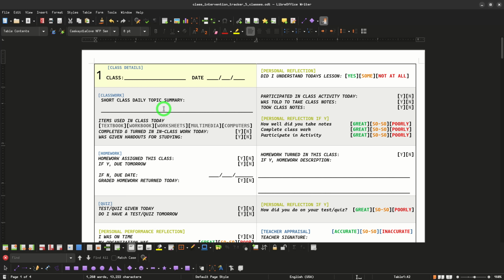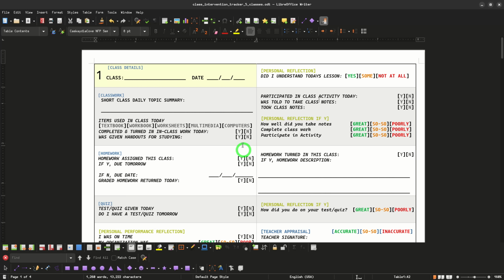Today we learned about circumference or area, or we studied the American Revolution, and which items were used in class today. You circle the correct value, and did they complete any classwork?